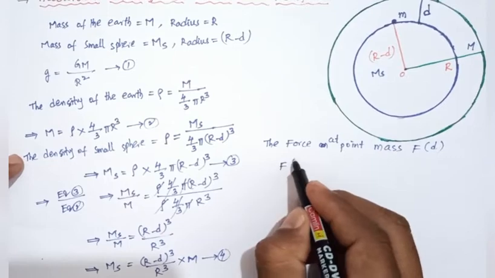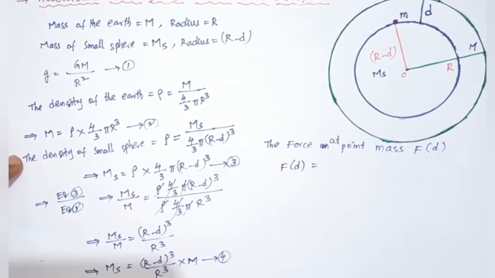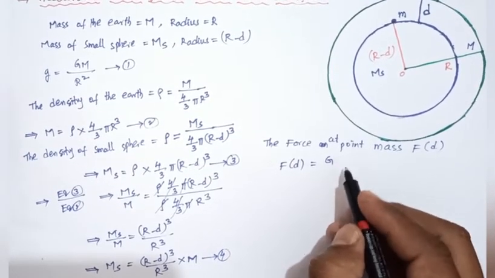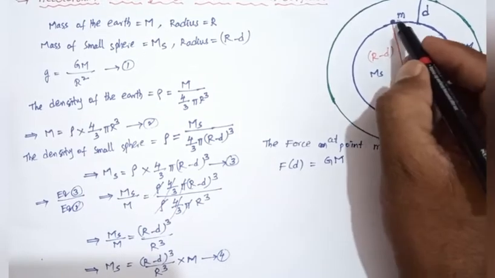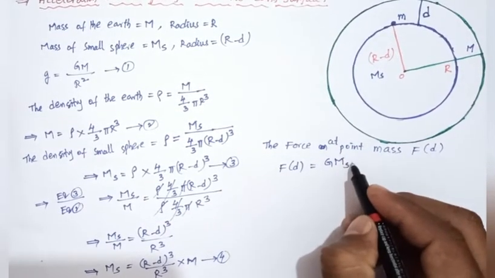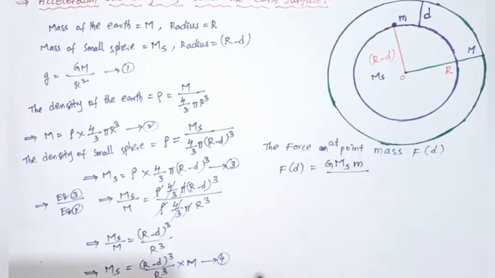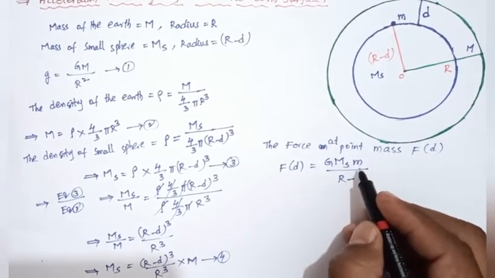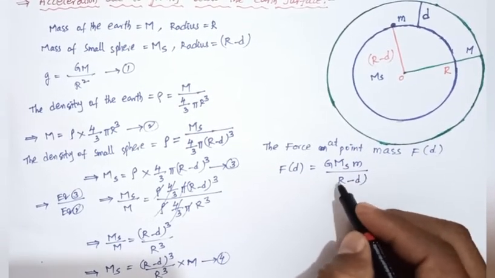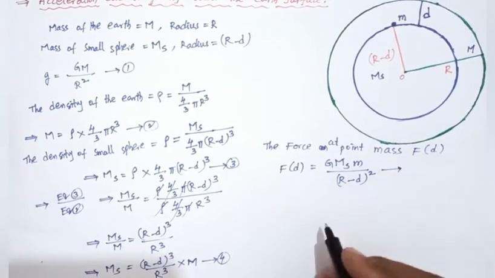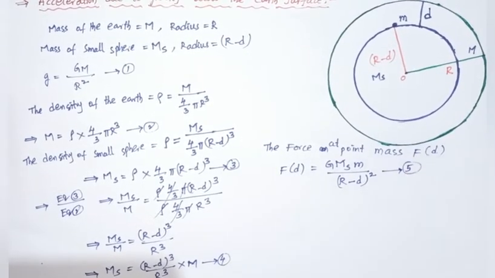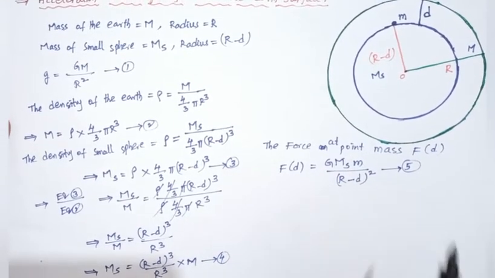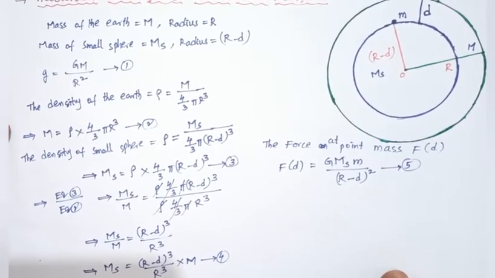Here, F of d equals G, capital G, times the small sphere's mass, small m, divided by (R minus d) whole square. So this is equation number 5. F of d equals G M s m by (R minus d) whole square. So this is the force.